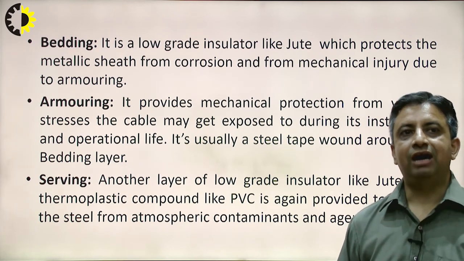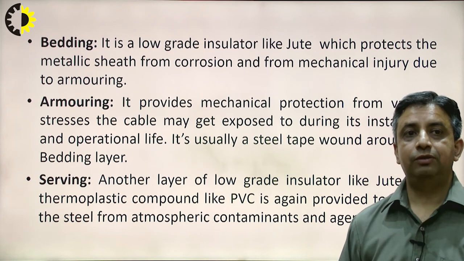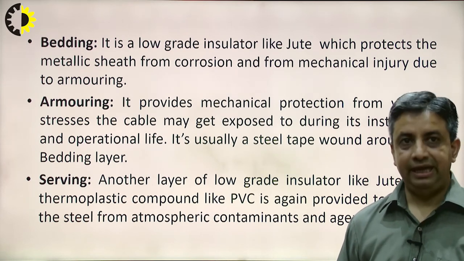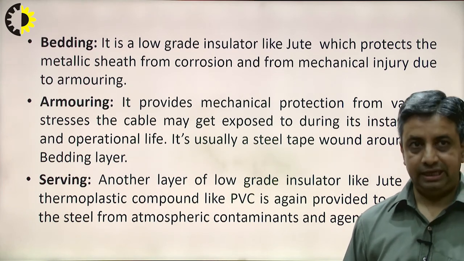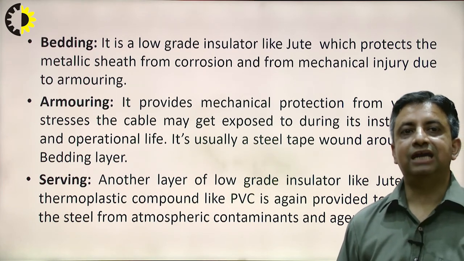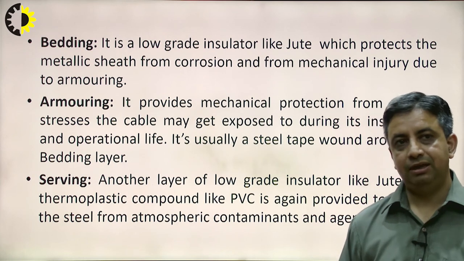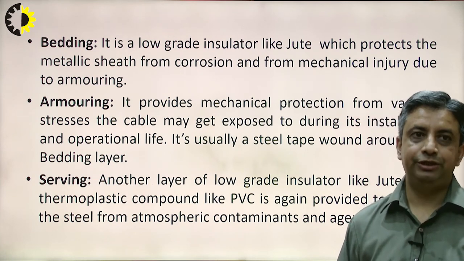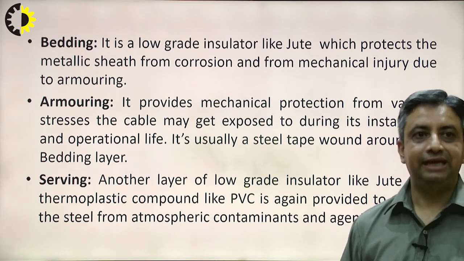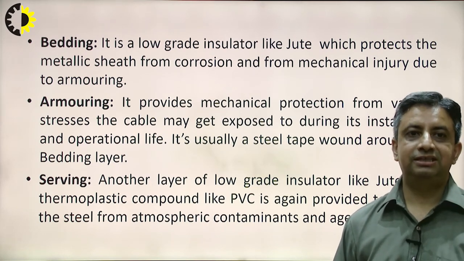Over that, we have armoring also. For this armoring, we have a steel tape that is wound over the cable. The purpose of this armoring is to protect the cable from the mechanical stress it will face during the laying of the cable. And the last one is serving.